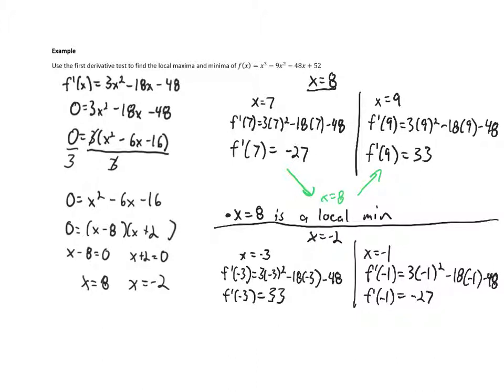And so what we've shown here is that around x equals -2, to the left of it, the function is increasing, and to the right of it, it's decreasing. So if you think about x equals -2, it has to be a local max. So x equals -2 is a local max.